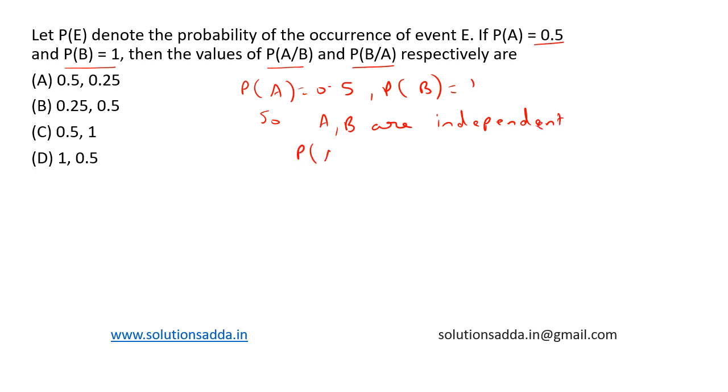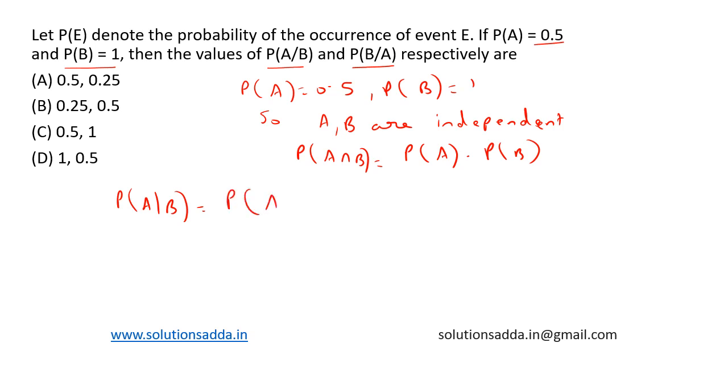Therefore, probability of A intersection B is equal to probability of A into probability of B. Now, the question is asking for P of A given B. It means the probability of the occurrence of event A when B has already occurred.